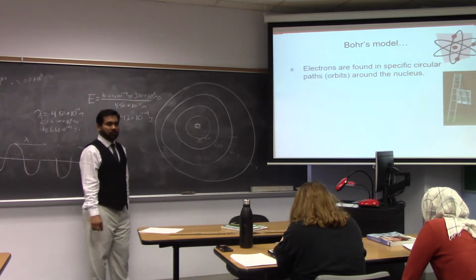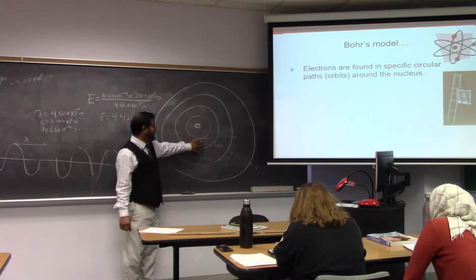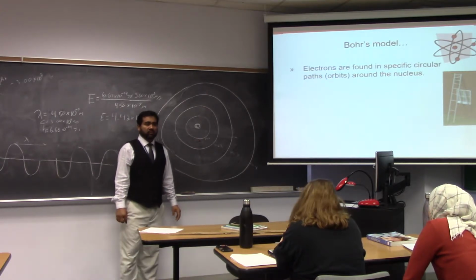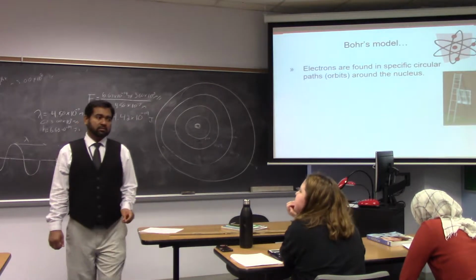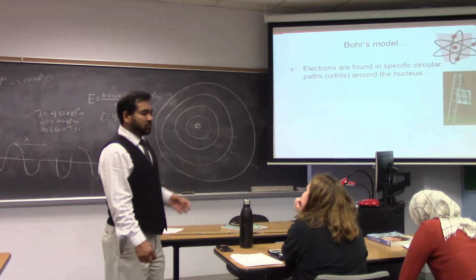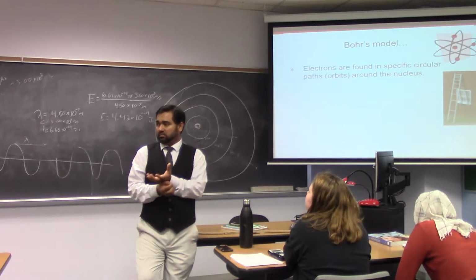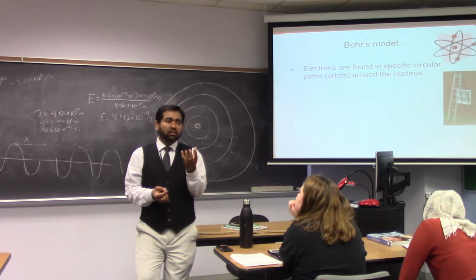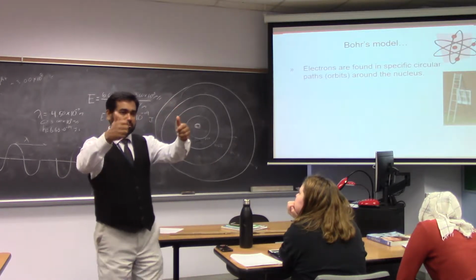Right? Fourth level. And if you heat an atom, for instance, we have a lab called the spectroscopy lab, which is going to be at the end of the semester. When you energize the atom, when you heat the atom, the electron in the atom jumps to a higher level.